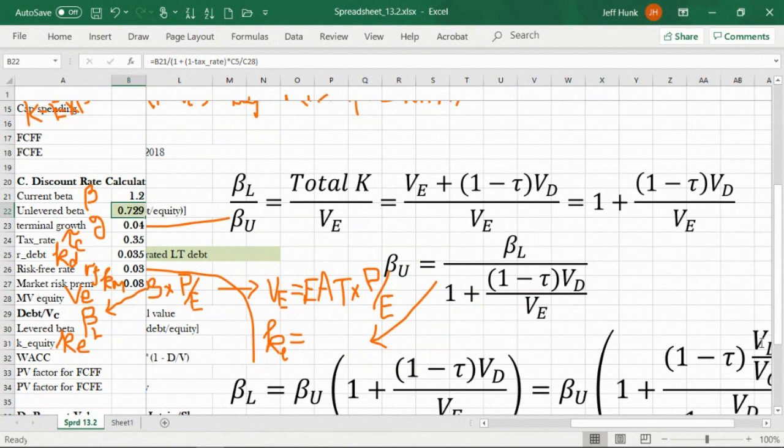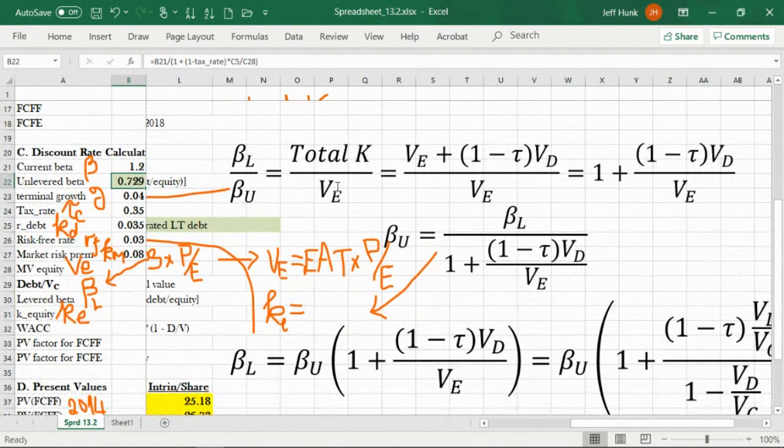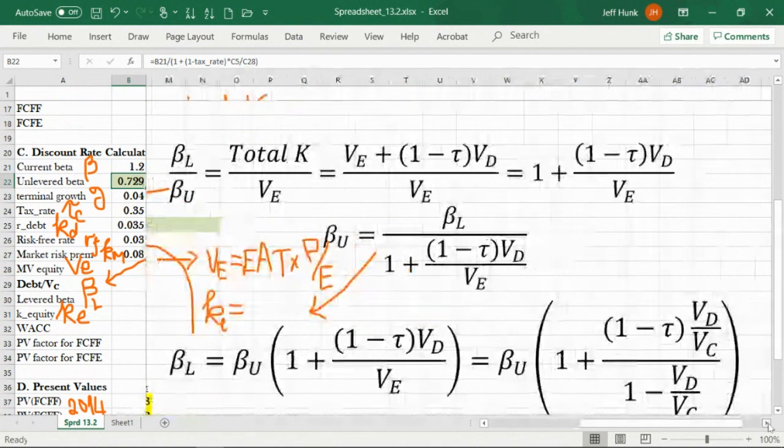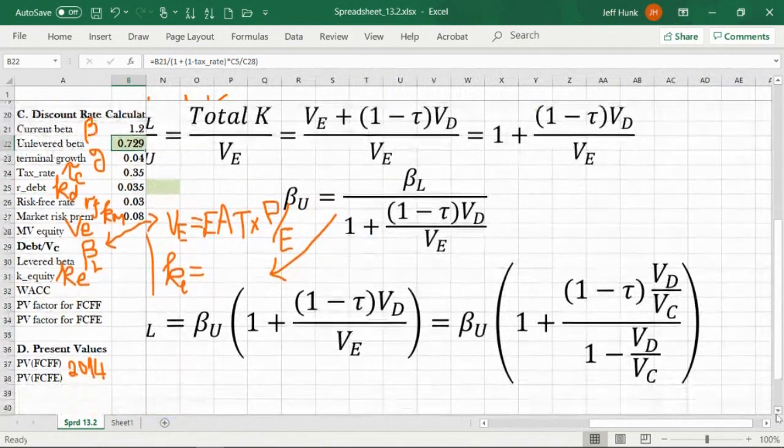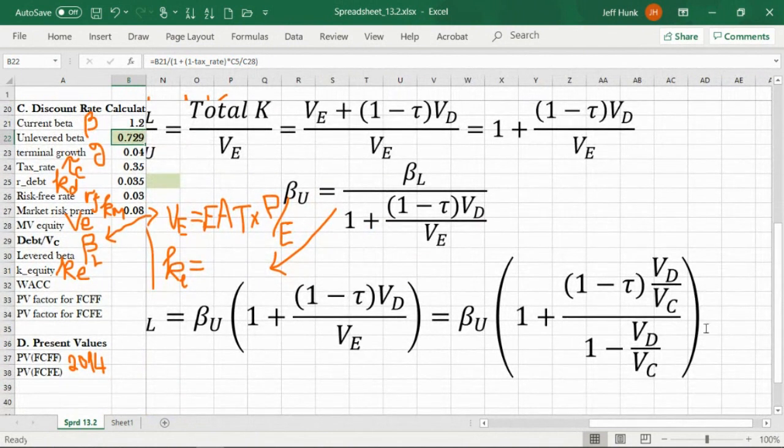Now if you solve this equation for levered beta, it's just algebra, rearranging terms. This is the denominator, this is the numerator, so all you need to do is multiply this by this, and then rearrange a couple of things.